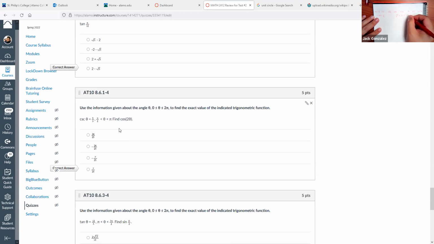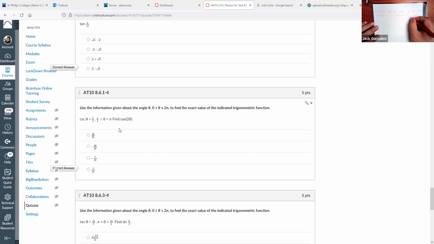Second. Yeah, second quadrant. So that means that cosine is negative, but sine is positive, right? Okay. They want me to find cosine double angle.